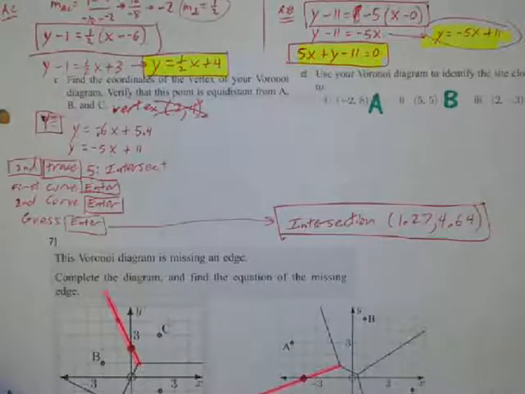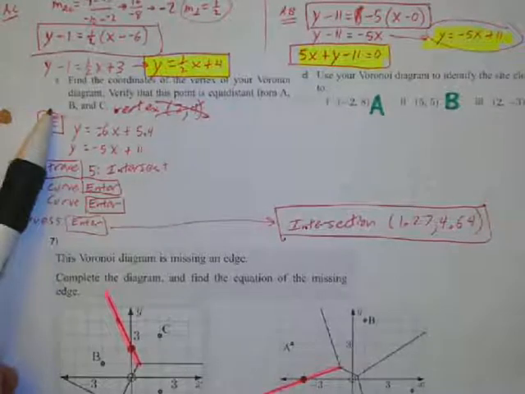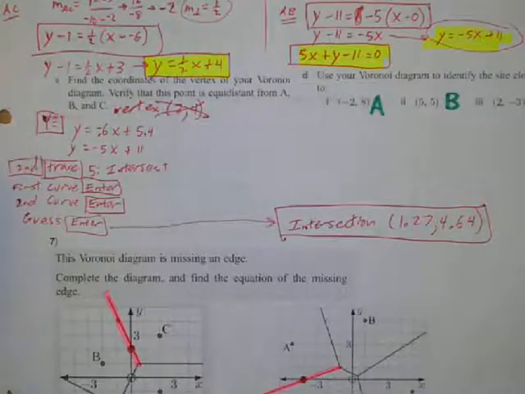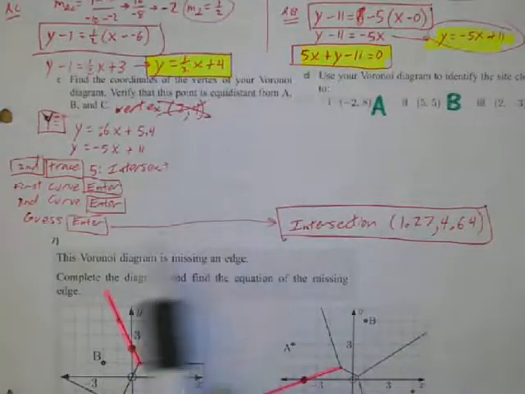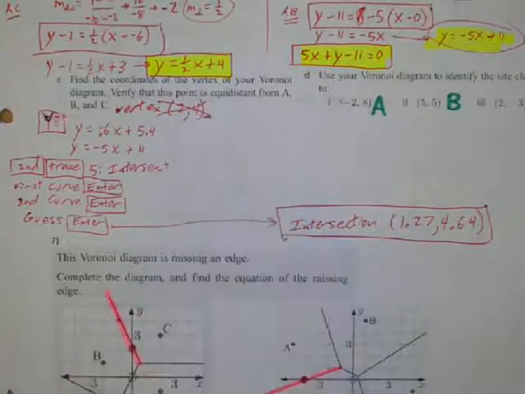Let's move this up. Okay, question C was a little trickier, and we won't be doing that on this test. They asked you to find the intersection of two of the lines.